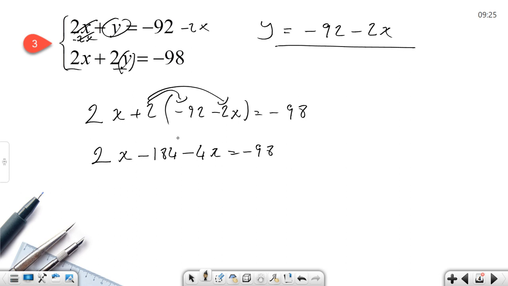So 2x minus 4x is minus 2x, minus 184 equals minus 98. Plus 184, plus 184, that cancels. Minus 2x equals minus 98 plus 184.